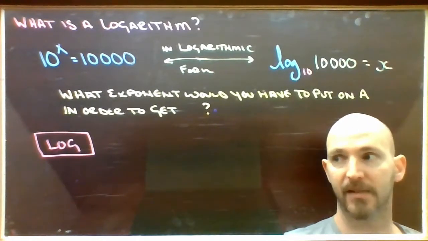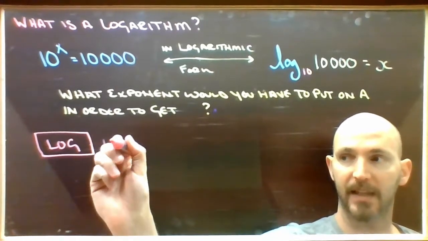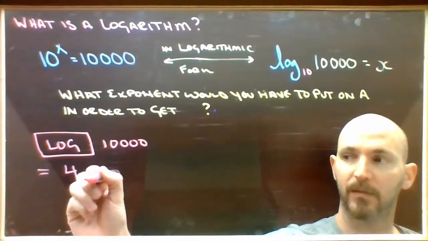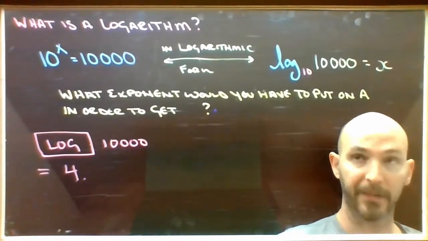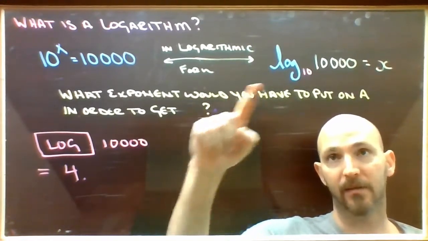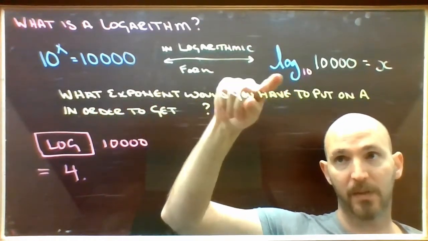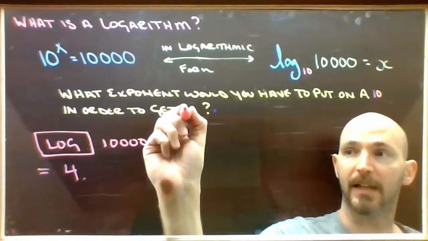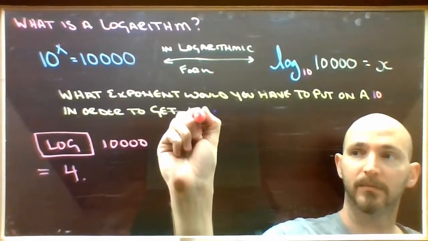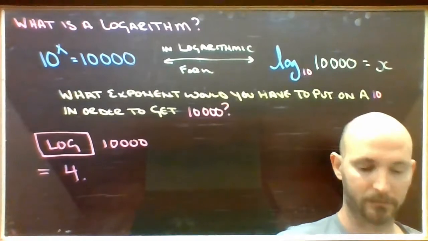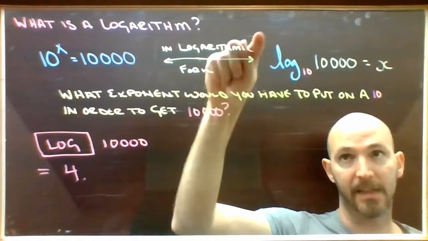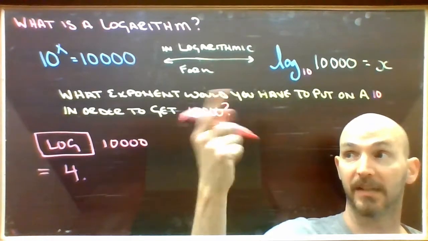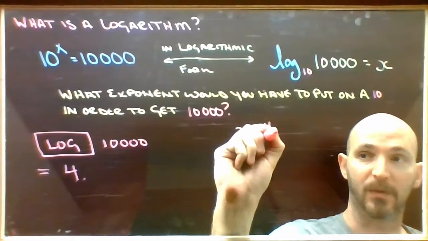So if you have this, you can just type log of 10,000, do it right now, and your calculator should spit out 4. So when I read this as a sentence, what exponent would I have to put on a 10 in order to get 10,000? I can use the calculator and just push the button and I get 4. So in this particular question, x would be 4.